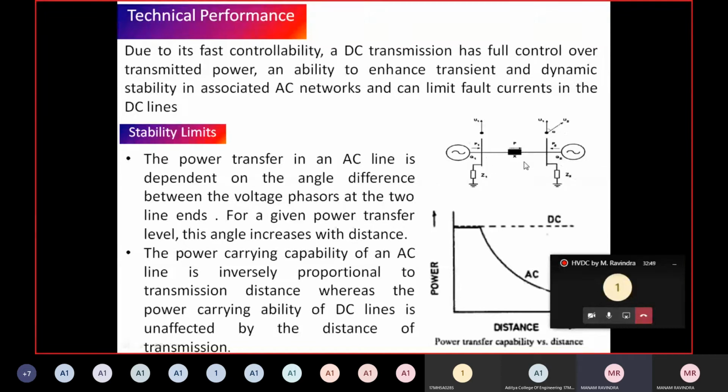There will definitely be a voltage deviation. The power transfer capability will also decrease. So as distance increases, the power transfer also decreases. This is the main problem considered in stability limits. Clearly from the graph we can see here.